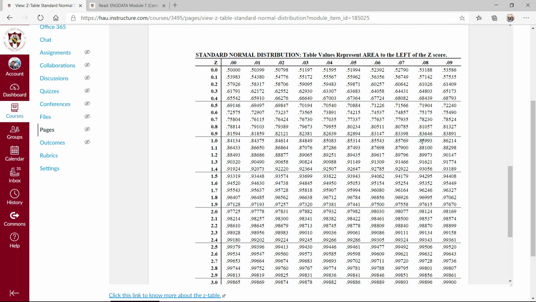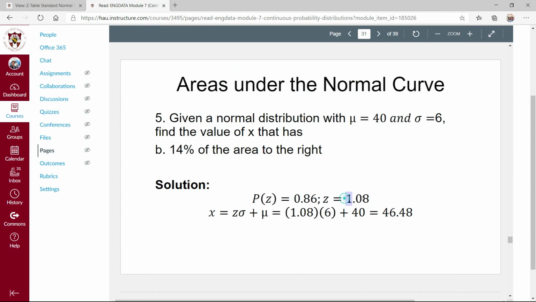That gives z equal to 1.08. Then using the formula again, solving for x: 1.08 multiplied by the standard deviation plus the mean. You'll have an answer of 46.48.